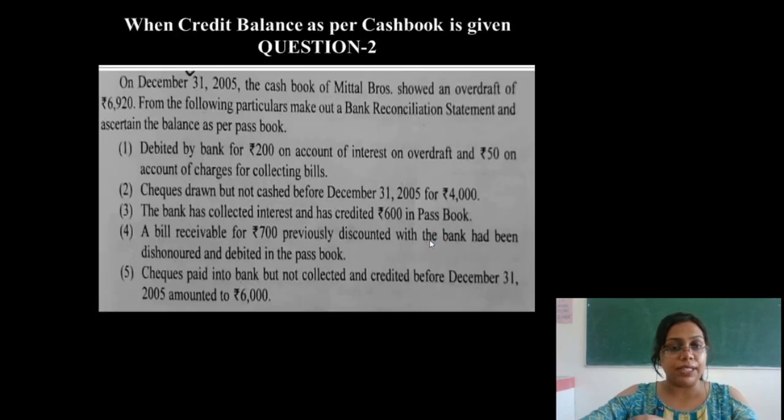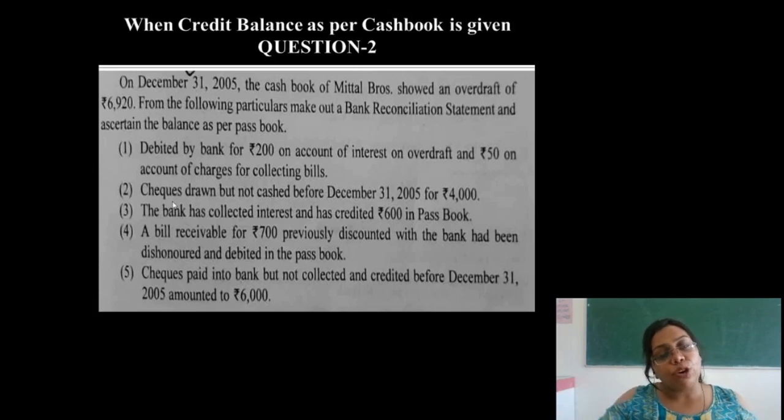So the next point is checks drawn but not cashed before 31st December 2005 for rupees 4,000. A check has been drawn from my firm, but it has not been cashed before the date given, till 31st December 2005.